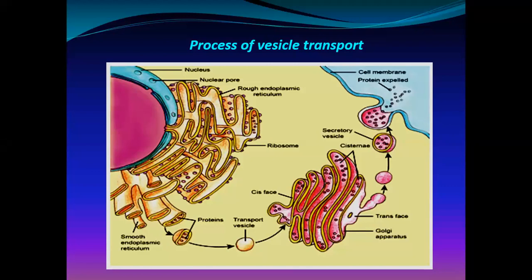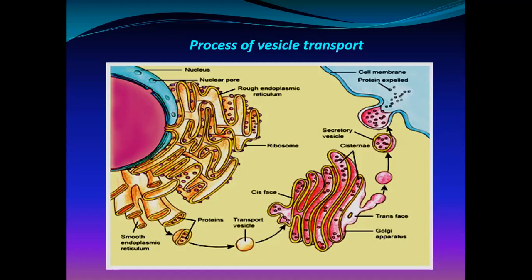The Golgi apparatus is also a stacked compartment, and the stacked compartments are again called cisternae. It has two faces: one is called the cis face, the other is called the trans face. The proteins are transported to the cis region, the receiving end of the proteins coming from the RER.